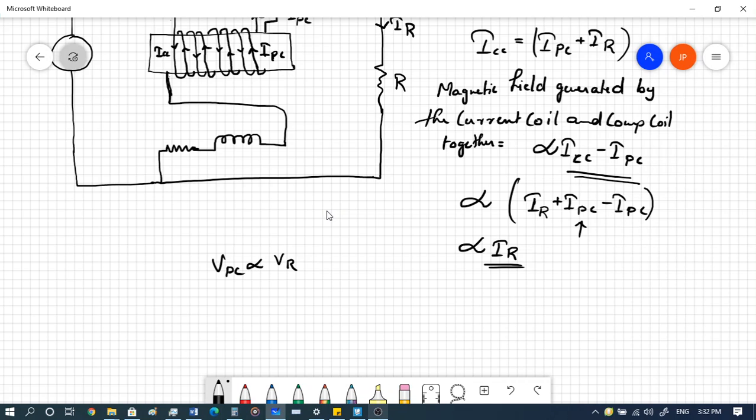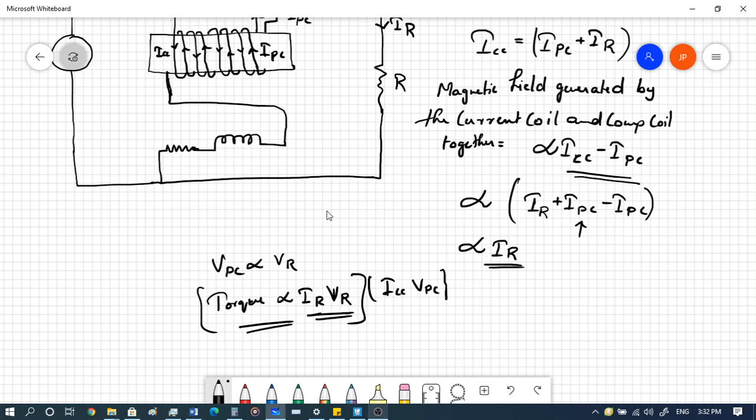The torque generated by the instrument would be proportional to IR into VR, since it is proportional to ICC into VPC, right? So this is how we compensate this error in the wattmeter.